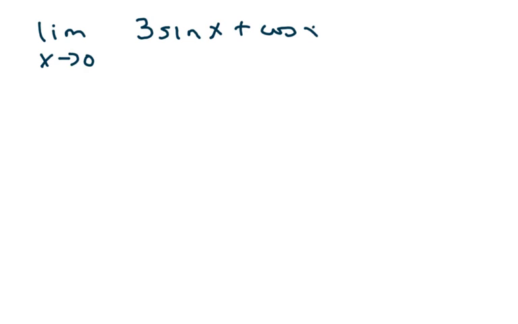Okay, the next one we're going to do is the limit as x approaches 0 of 3 sine of x plus cosine of x minus 1 over 4x.